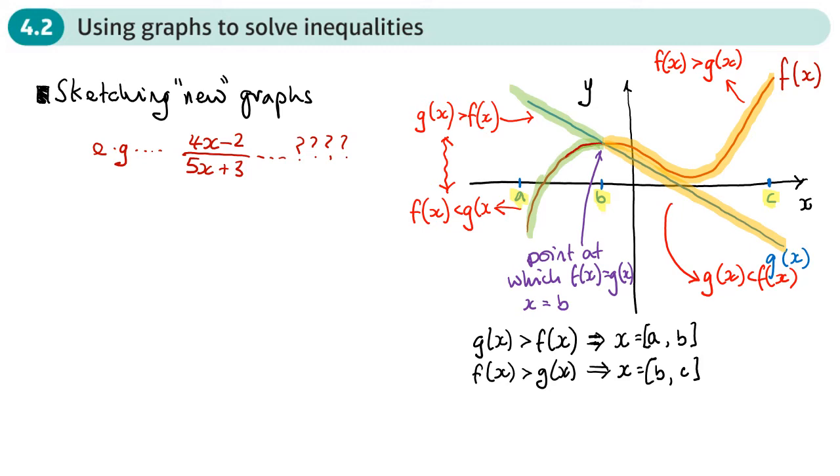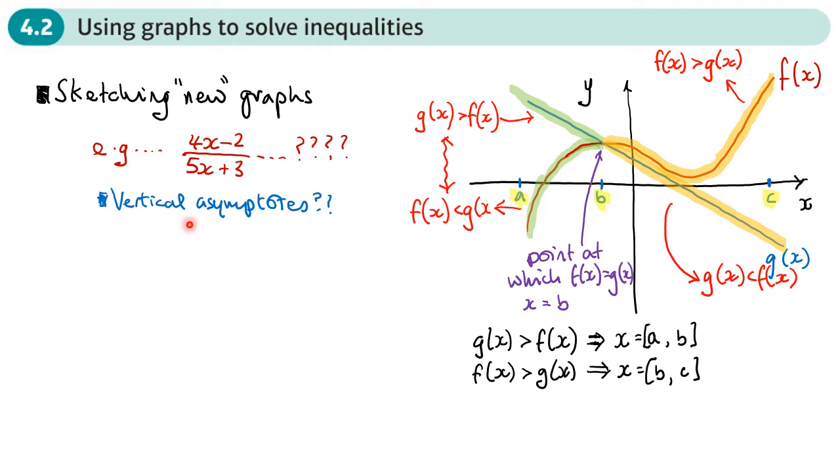Right, so when we do a question like this, these are the steps we're going to follow to sketch them. The first thing, we need to see if there are any vertical asymptotes. We're going to get vertical asymptotes for values of x which are not allowed in the denominator.